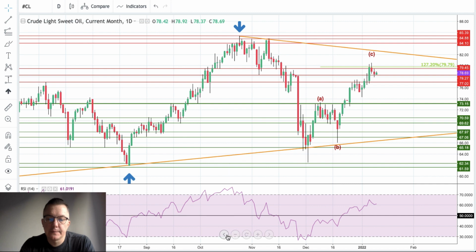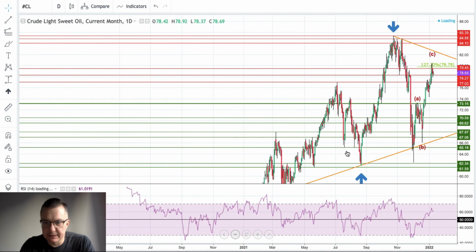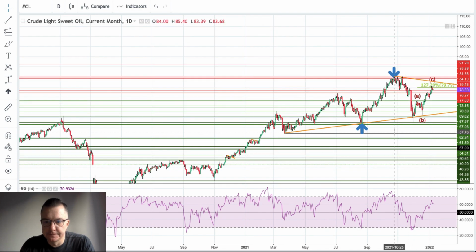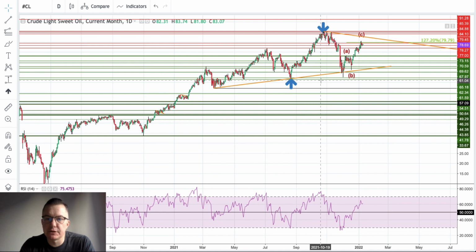But if we take a look from the bigger perspective, we could easily see crude oil is in an uptrend, and all of these corrections, despite the fact that this one is kind of big, this one is even bigger, that's the smallest one, are still internal corrections during the uptrend.